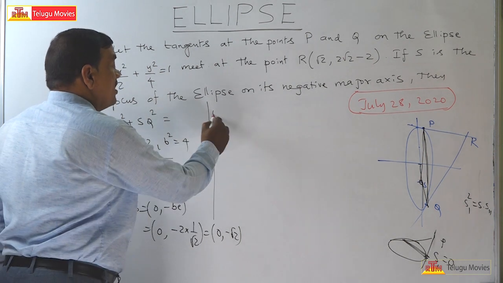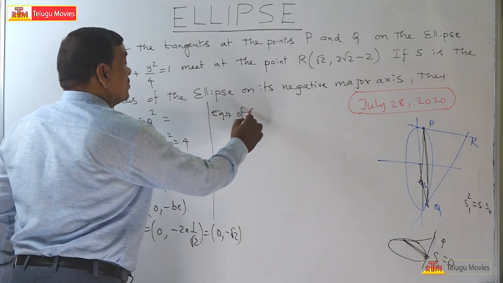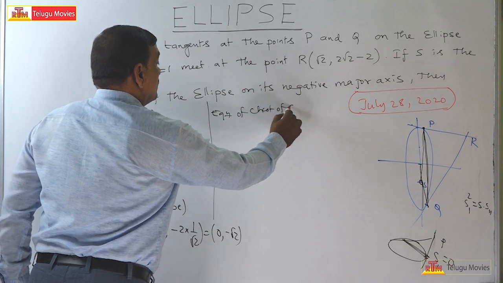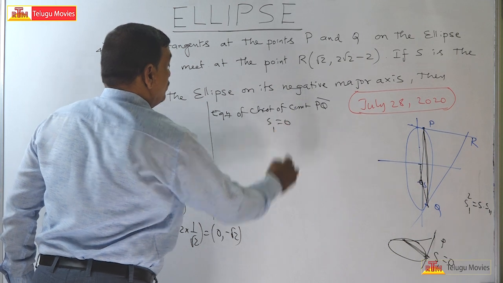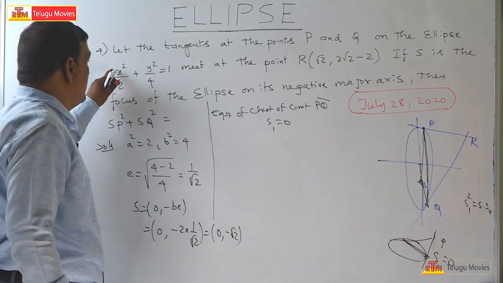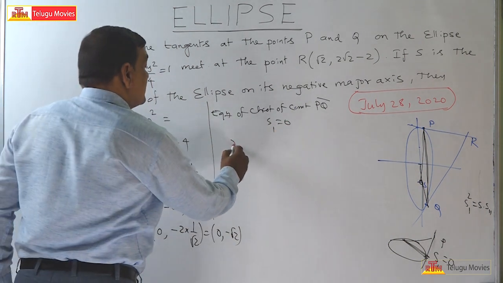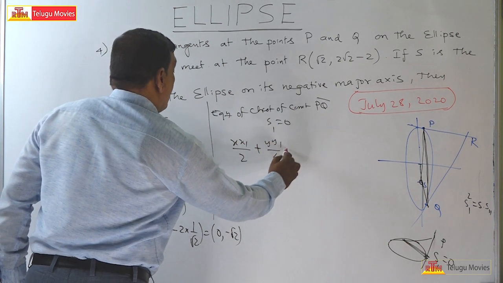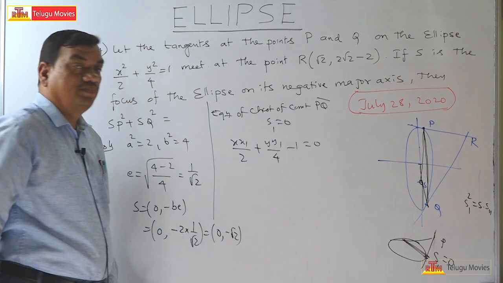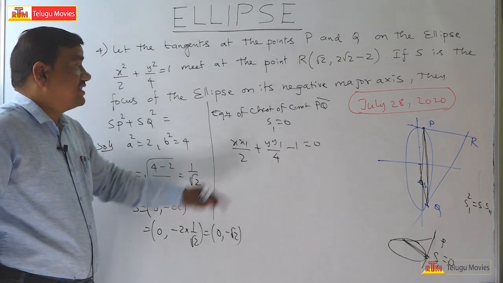Next we will take the equation of the chord of contact, that is PQ. We will get this from S1 is equal to 0. So here x square by 2 means x x1 by 2 plus y y1 by 4 minus 1 is equal to 0. Now what is x1?